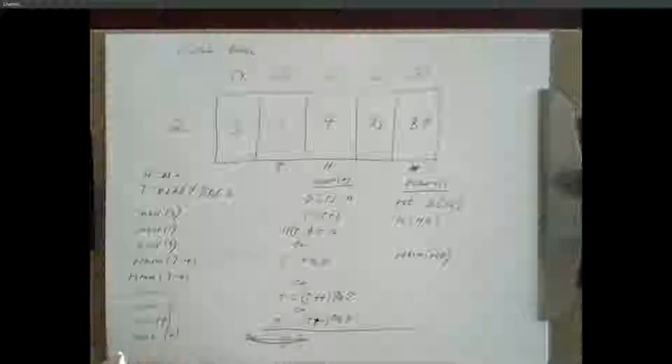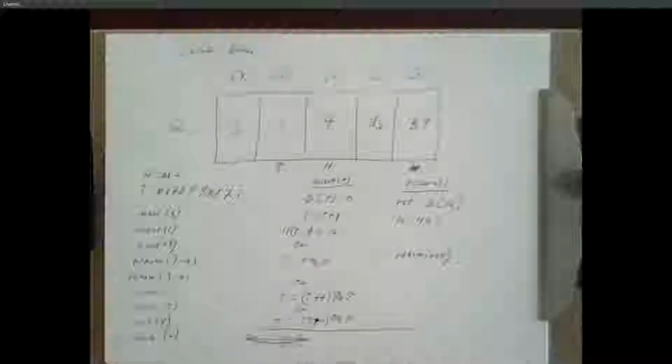So let's not do this last insert. Let's leave tail at 1. So our picture looks like this. So here's the thing. We have two options. If we insert and we end up with head equal to tail, we know the queue is not empty because we just inserted something.